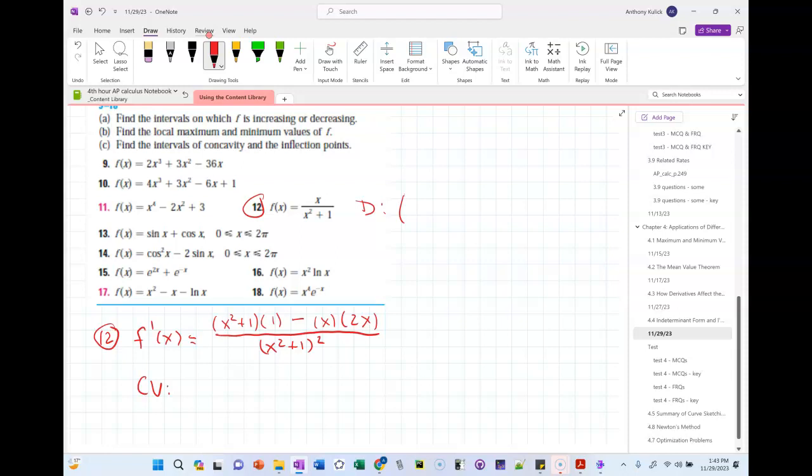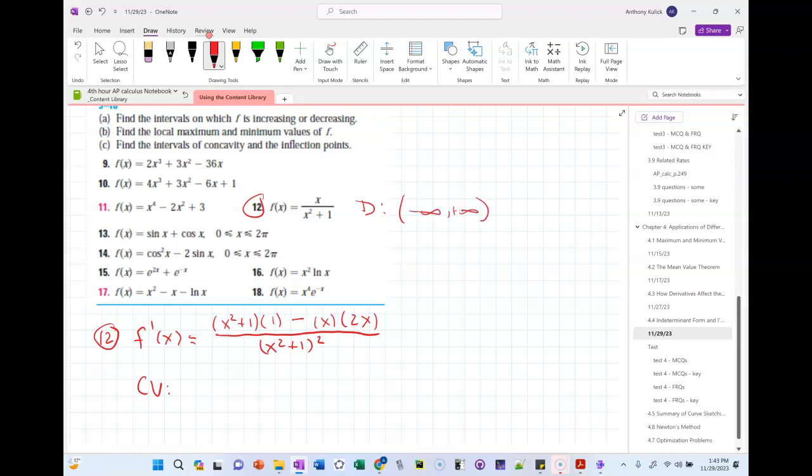It's a rational function. So the only values that can cause a hole or a place where the graph is undefined is where the denominator can be 0. Can this denominator be 0? No, right? If I set that equal to 0 and solve, I get plus or minus i. Doesn't count. So the domain here is all real numbers.